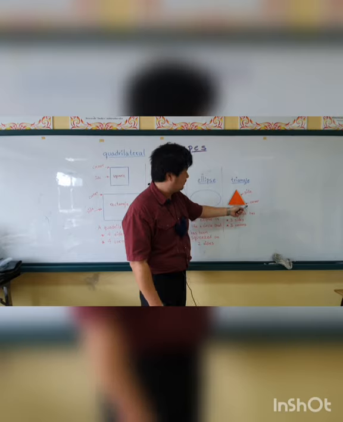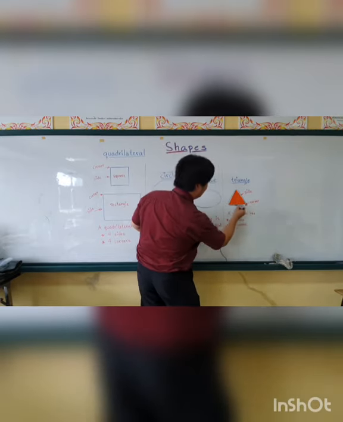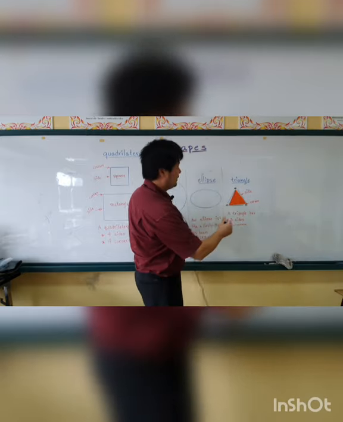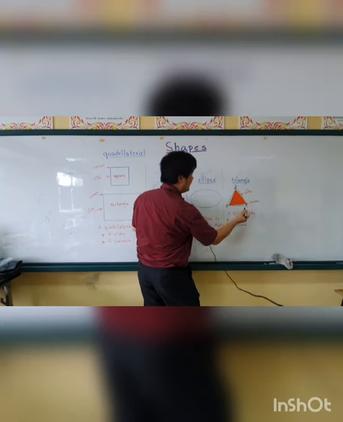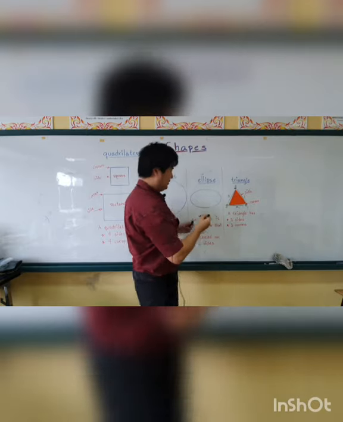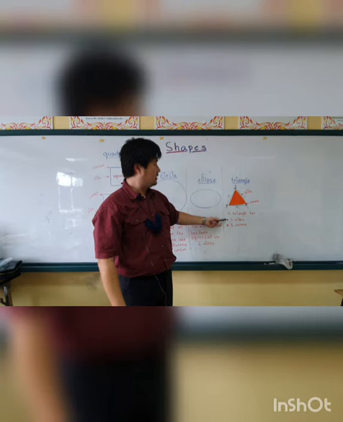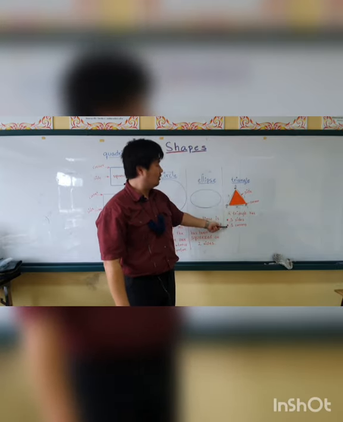so here, corner, corner, corner. So how many? 1, 2, 3. Same with the sides, 1, 2, 3. So a triangle has three sides and three corners.